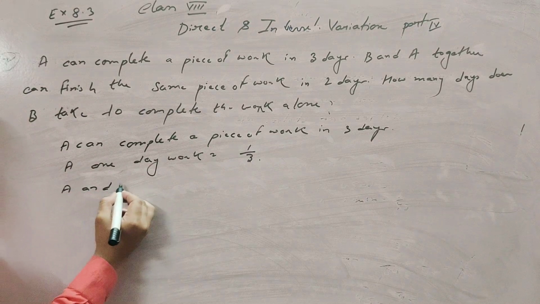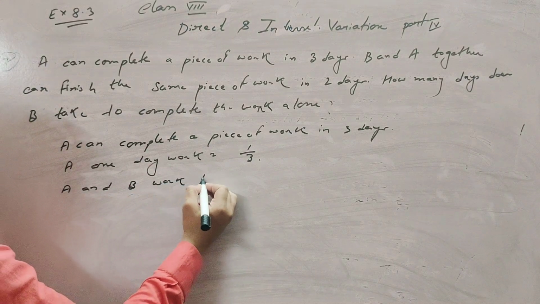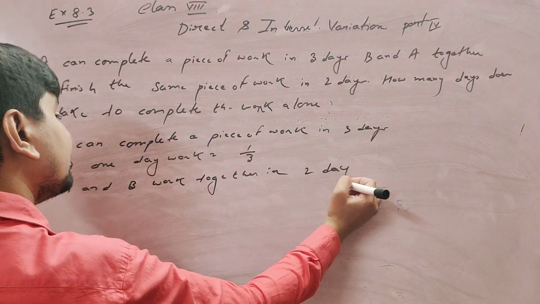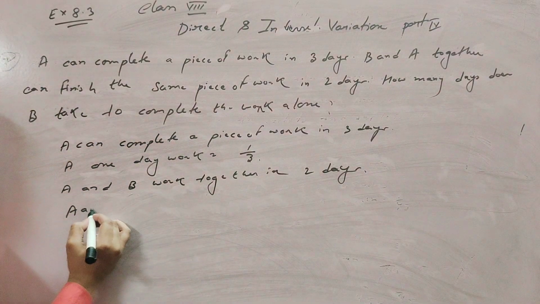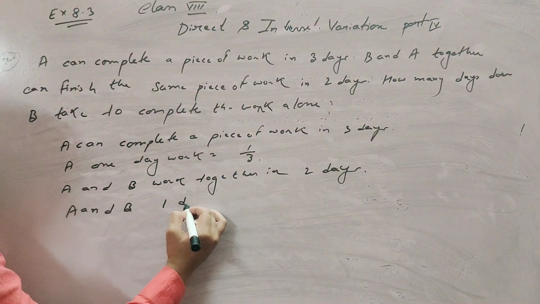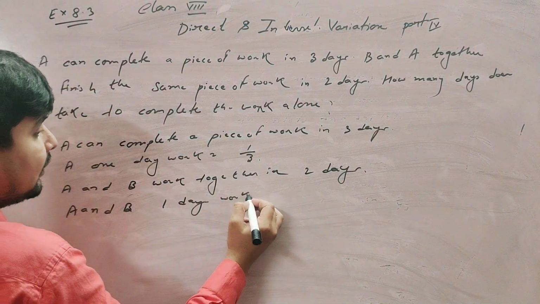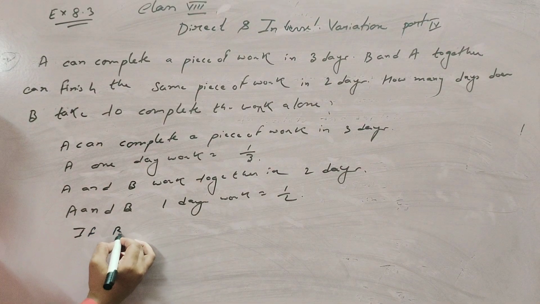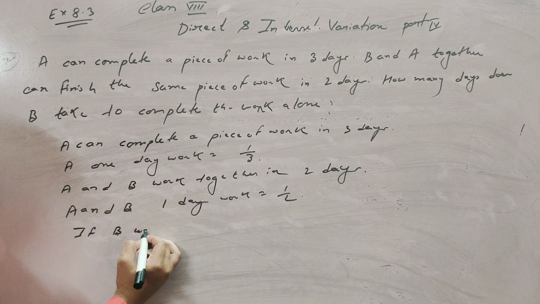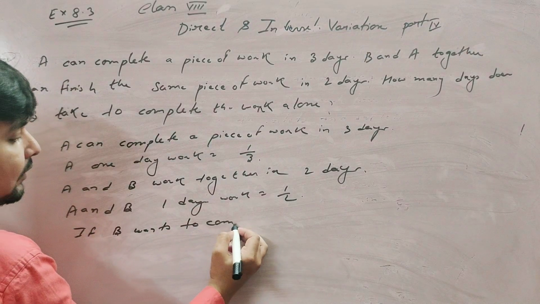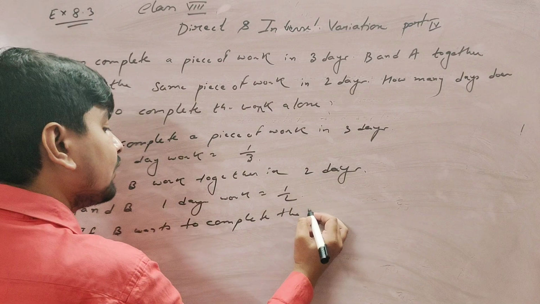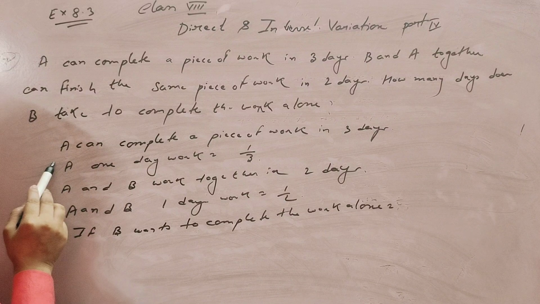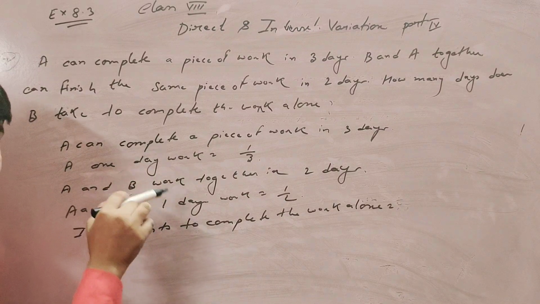A and B working together in 2 days, so A and B's one day work equals 1/2. If B wants to complete the work alone, this is A's one day work, and this is A and B's work together in 1 day.